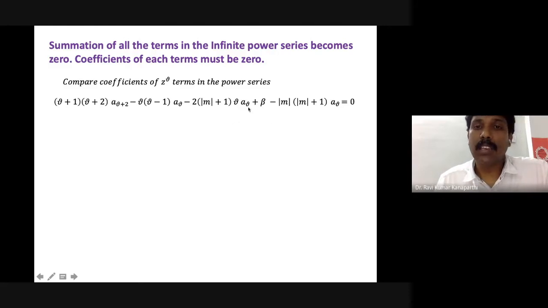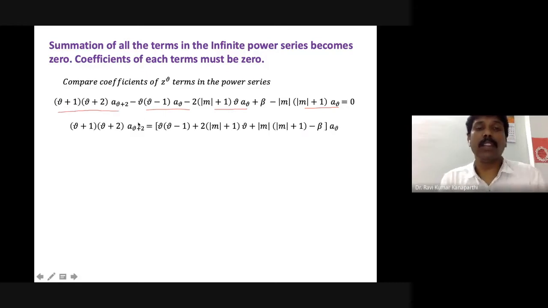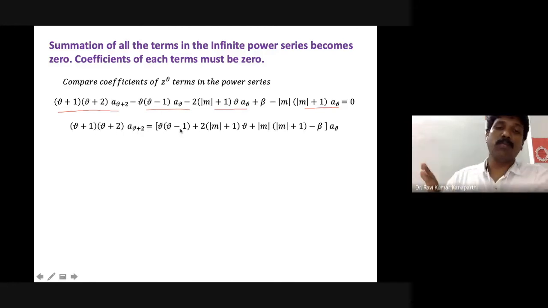Now you can see here there are a nu terms, one here, another here, and another. So all these a nu terms we can actually combine, and the a nu plus 2 term we keep on this side, and the other one we can move to the right hand side, and do the simplification.